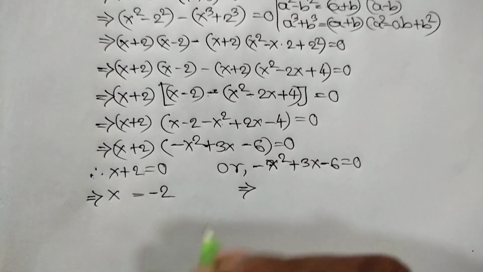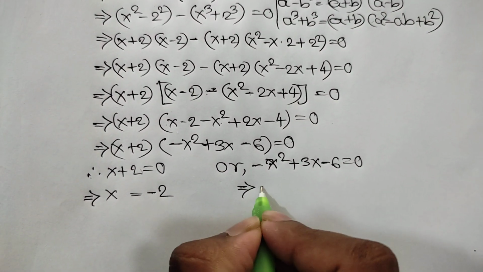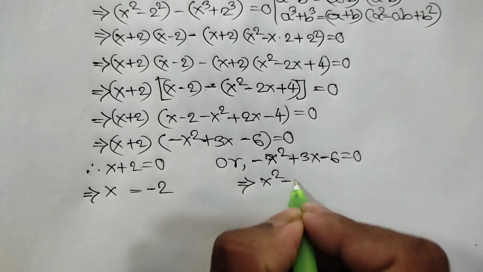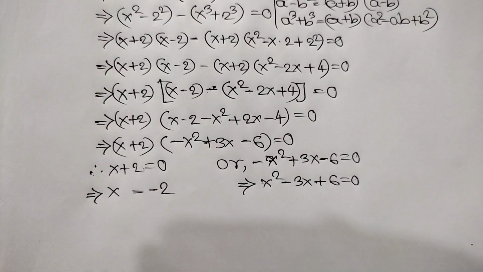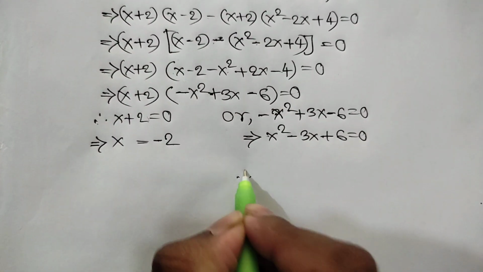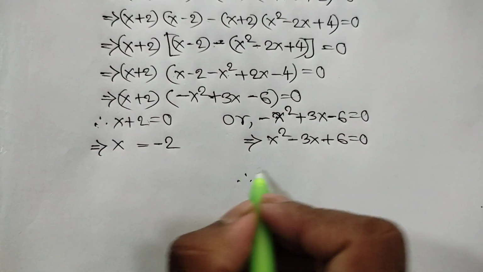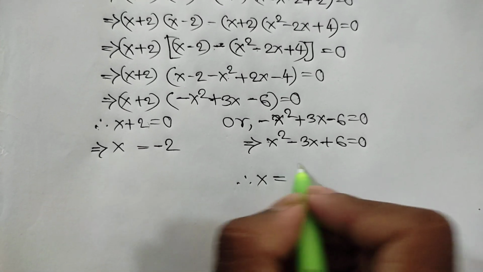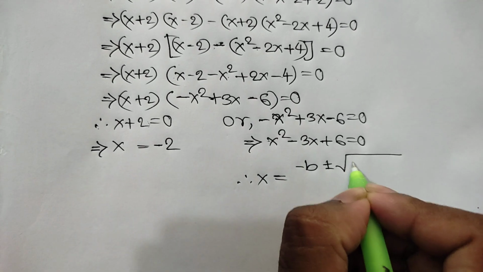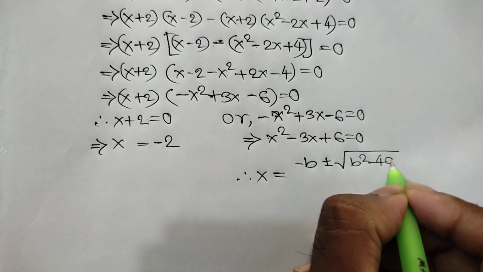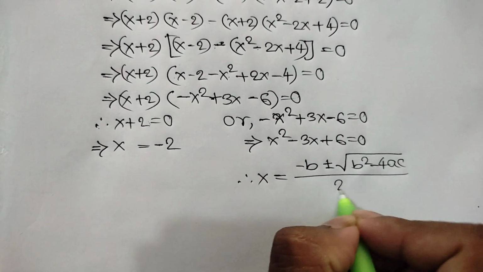Here we can multiply by minus 1, so we can write x square minus 3x plus 6 is equal to 0. Now here we can apply the quadratic formula. The formula is x is equal to negative b plus or minus square root of b square minus 4ac, by 2a.